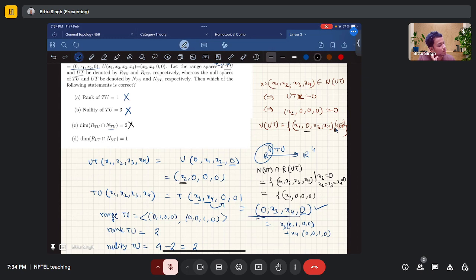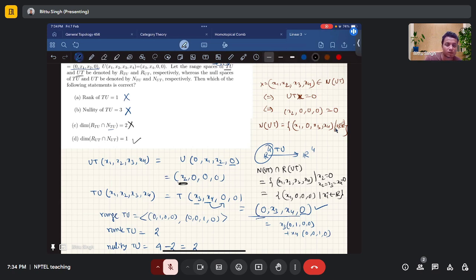Now we can see that x1 can be any element. So belonging to the range is clear, just in the place of x2 it is replaced by x1, and belonging to the null space is also clear because the second coordinate is 0 here, right? So from here it is clear the dimension of N(U_T) intersection R(U_T) is 1. So this is the correct answer.